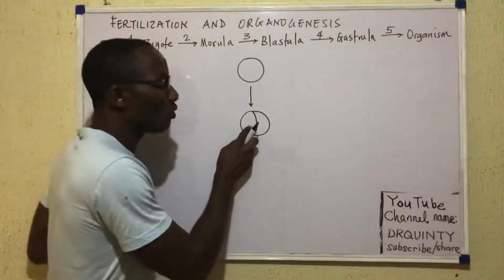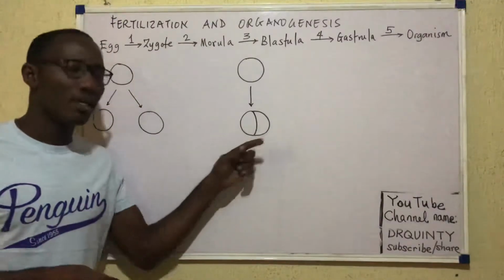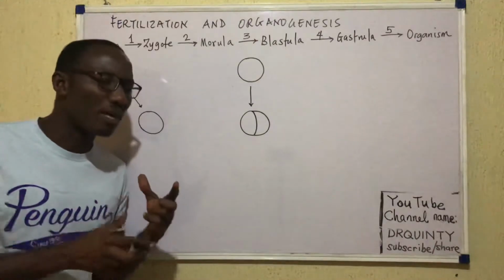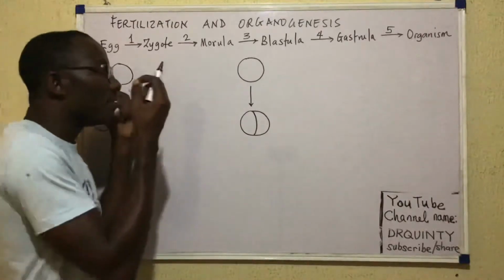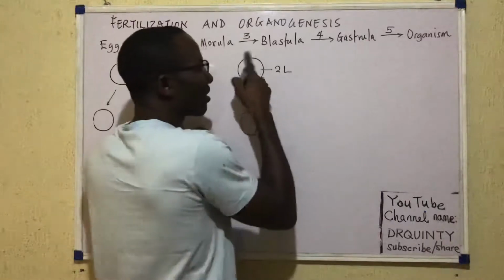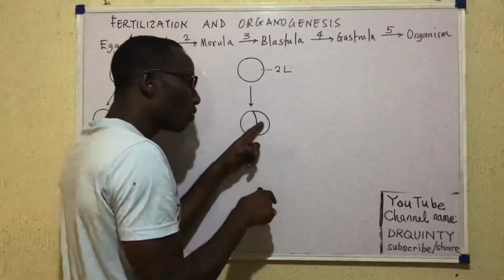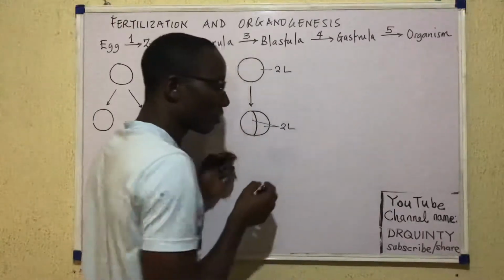Now apart from the 2 cells being together, their total cytoplasmic content is the same as that of the parent. Meaning, if the parent cell contains 2 liters of cytoplasm, then these 2 cells put together will contain a total of 2 liters of cytoplasm.